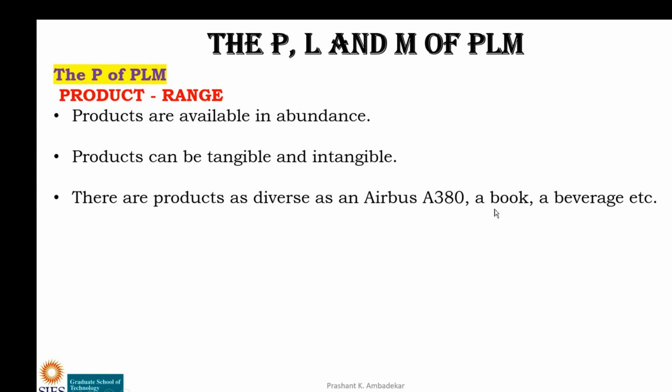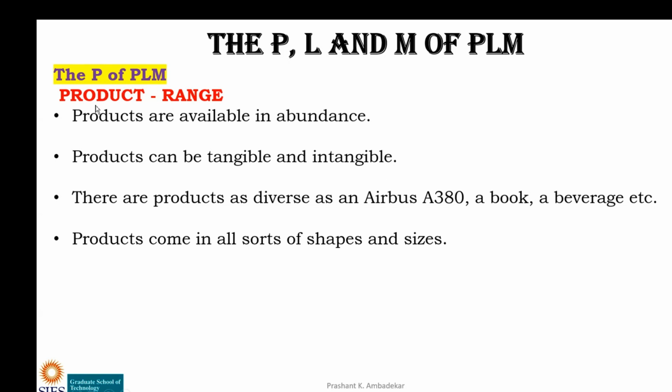Products can be diverse, a huge product or a small product, a beverage can or a pin or a pen or a key, anything. It can be as big as this or as small as this. Products are available in different shapes, different sizes, and different varieties.